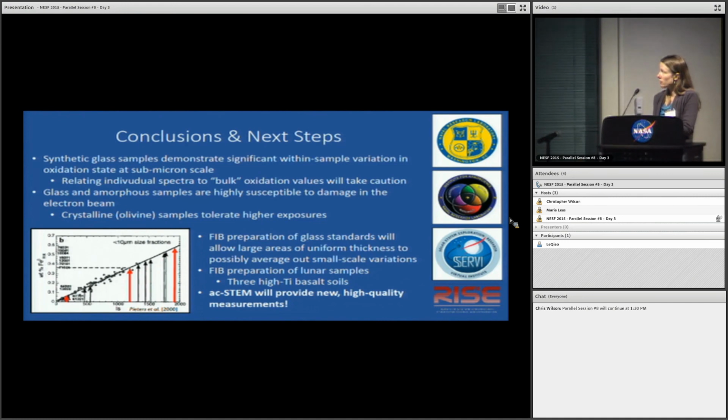And then we will be doing FIB preparations of the samples, both these glass ones in order to have large areas to look at and get average oxidation states. And then we will be looking at the natural samples. We have some lunar basalts with this large range in maturity, and we have some high-Ti basalt samples we'll be looking at too.